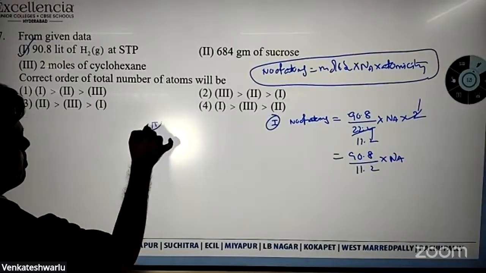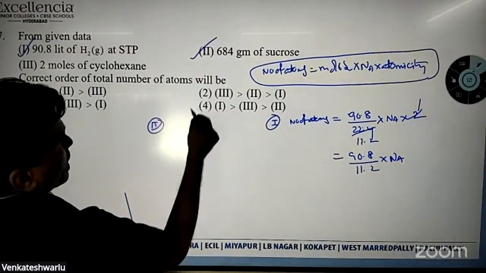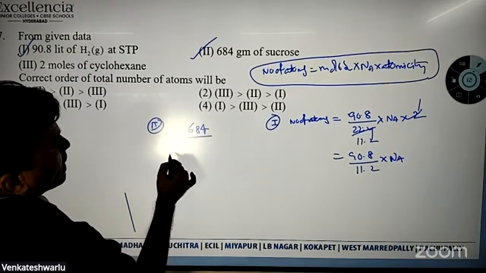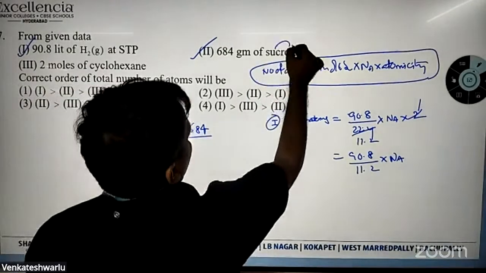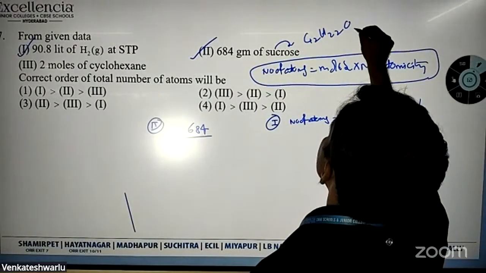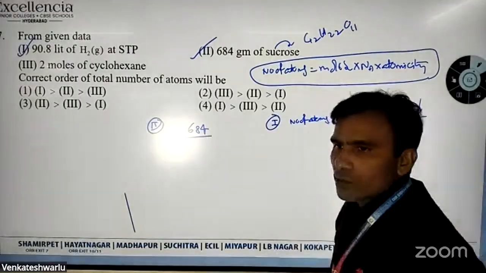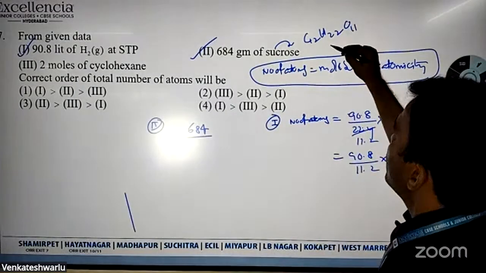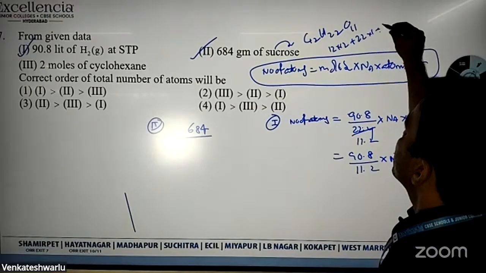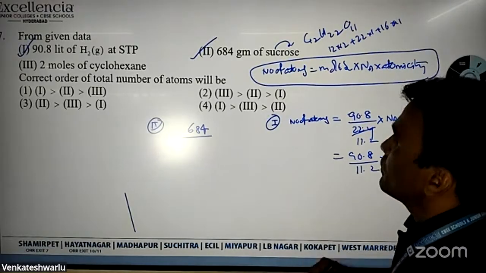Now the number of atoms in the second option: 684 by sucrose. Sucrose formula is C12H22O11. So 12 into 12, 22 into 1, 16 into 11.